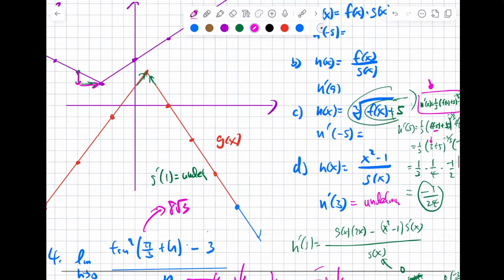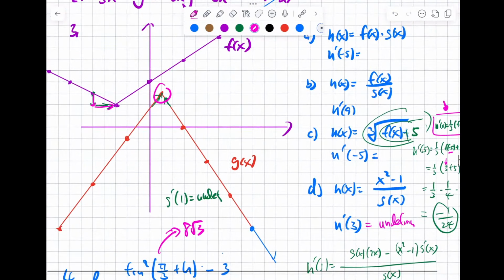Now, also, I will ask you on the test, what happened with the g prime of 1? What happened with g prime of 1? A sharp turn is what? Undefined. What does not exist? Undefined. No, as when you have slope on the left that does not equal the slope on the right.